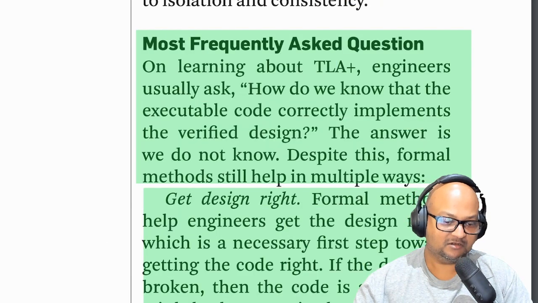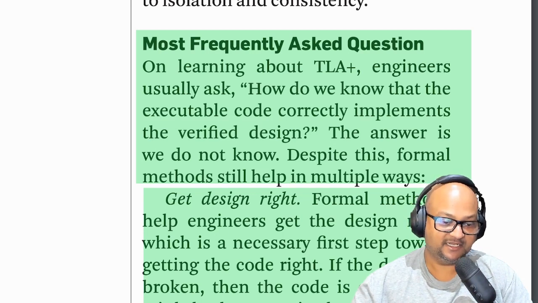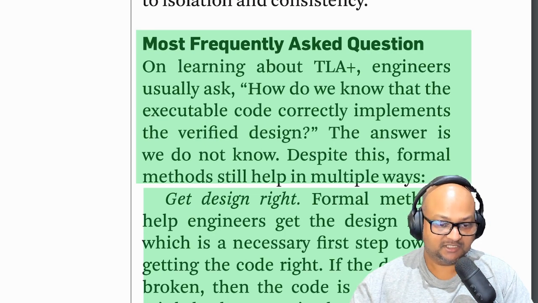When we talk about using formal methods, there are two levels at which we can apply it. The first level is to use formal methods to prove that your design or your specification is correct with respect to some high-level properties of the system. For example, you might want to prove that your distributed storage system never loses a write.